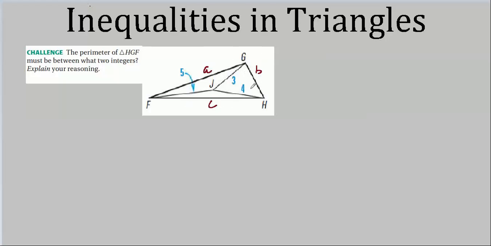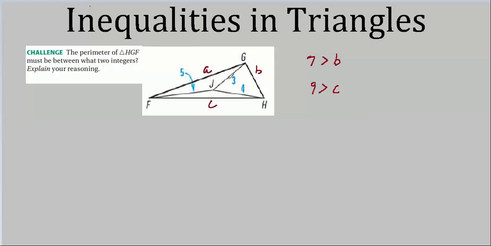So what do I have? I have 3 plus 4, or 7, is greater than B. I hope you don't mind if I do this in my head. These are pretty small numbers. And I get 5 plus 4, or 9, is greater than C. Okay.